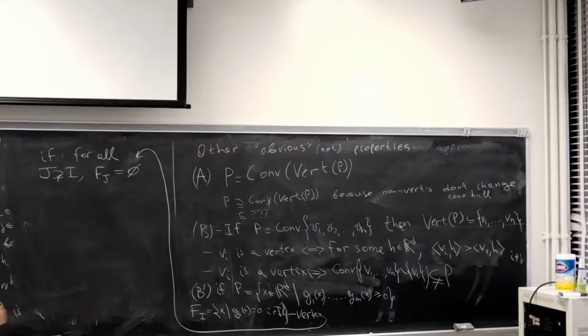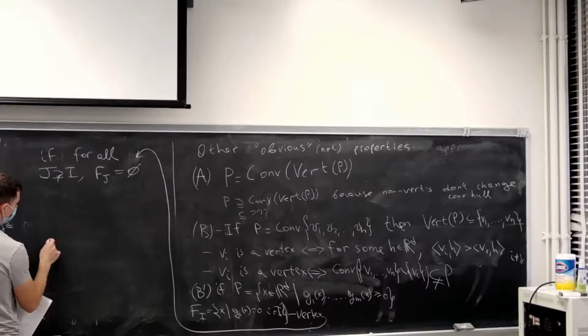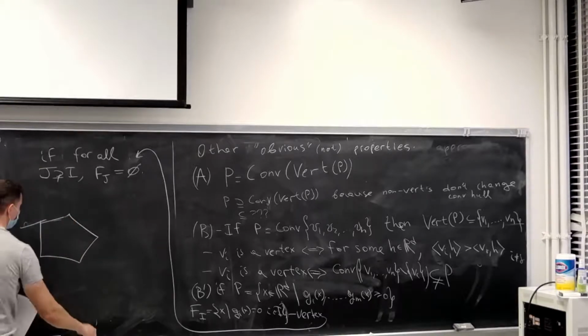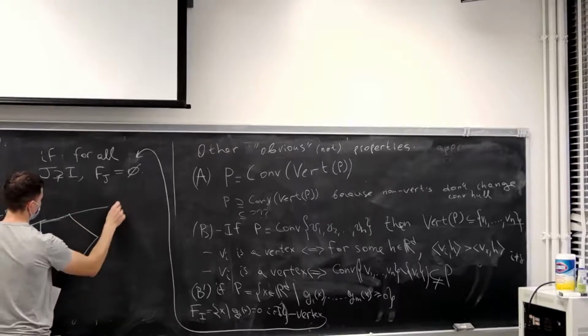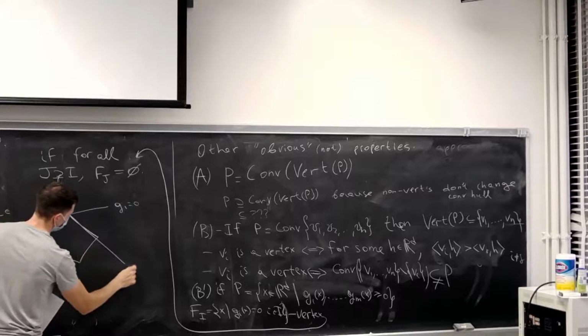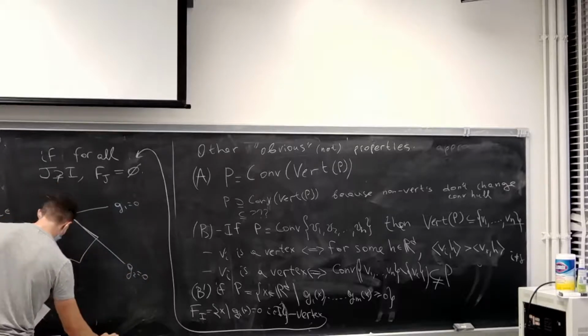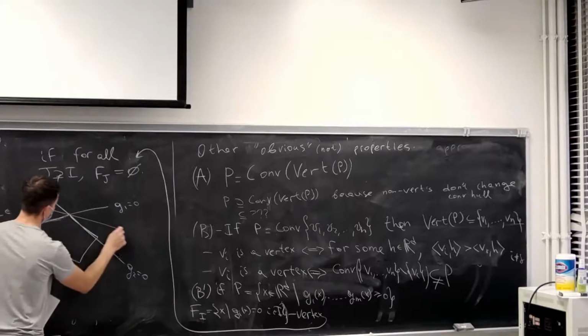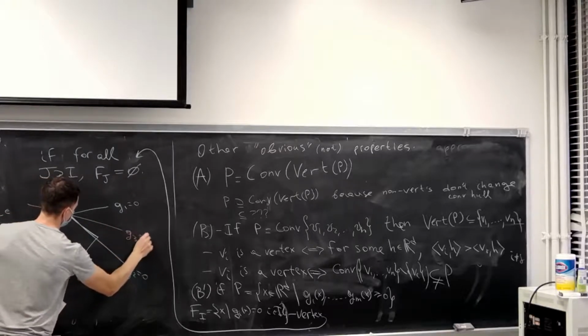What if some of the equalities are dependent? That's why it's an if and not an if and only if. So for example, your polytope looks like this. This face is G1 equal to 0. This face is G2 equal to 0. And then there's one more redundant face where G3 is equal to 0.